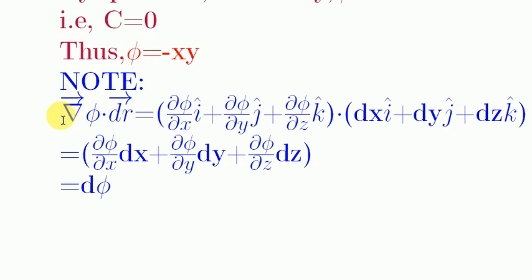In place of grad phi we can write del phi del x i cap plus del phi del y j cap plus del phi del z k cap dot, in place of dr we can write dx i cap plus dy j cap plus dz k cap, and if we take the dot product between these two, then we can easily write del phi del x dx plus del phi del y dy plus del phi del z dz, which is equal to d phi. In such a way we can show that grad phi dot dr equal to d phi.